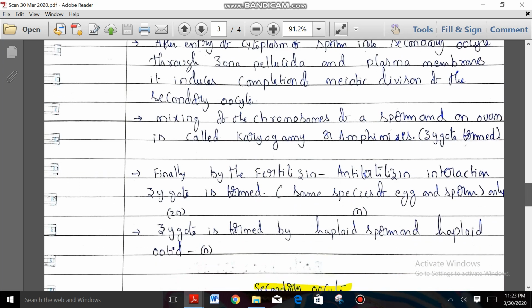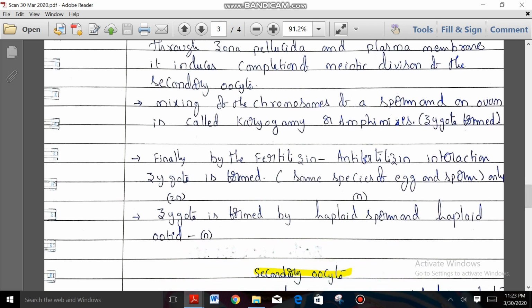Okay, so the ootid formation takes place after the cytoplasm of the sperm enters into the secondary oocyte, and the ootid is ready to fuse with the cytoplasm of the sperm. So the mixing of chromosomes of a sperm and an ovum is called karyogamy.